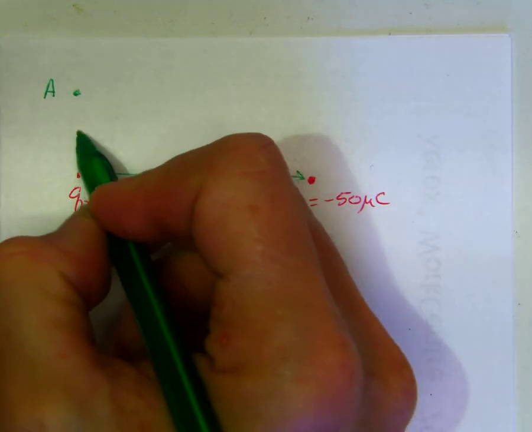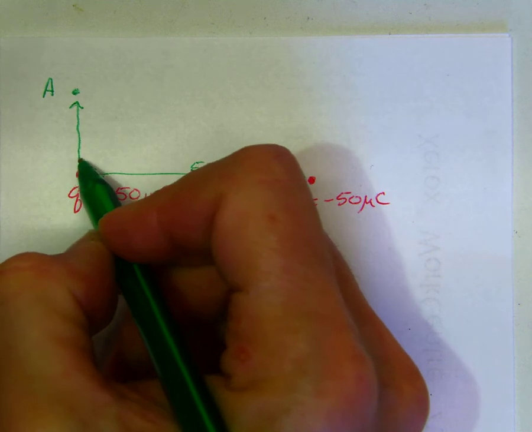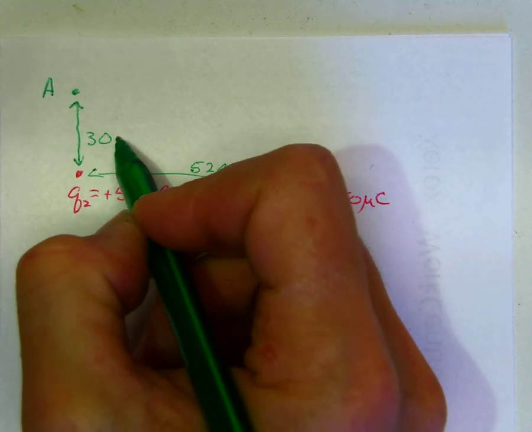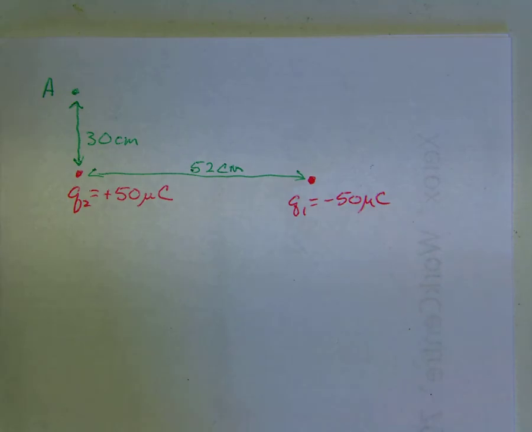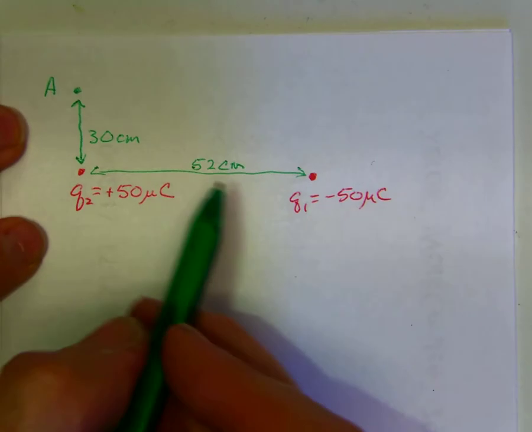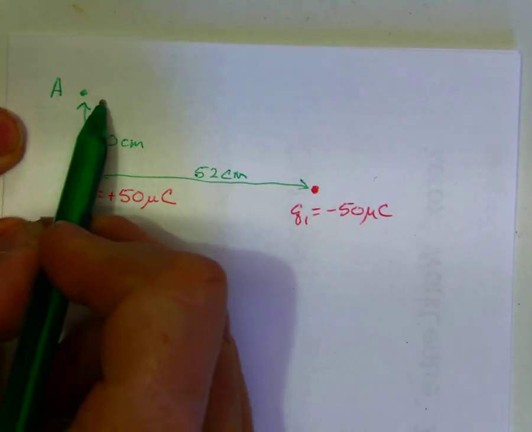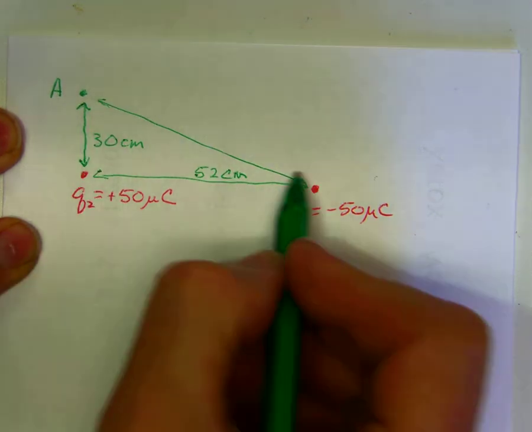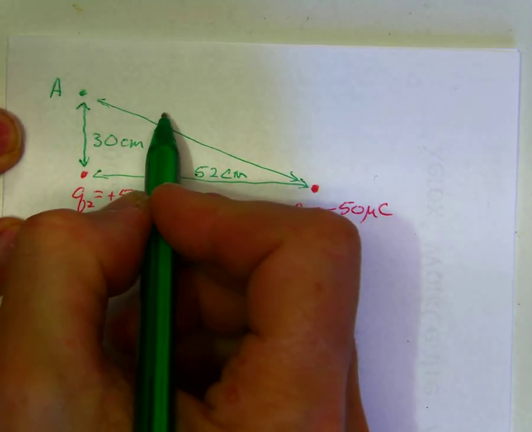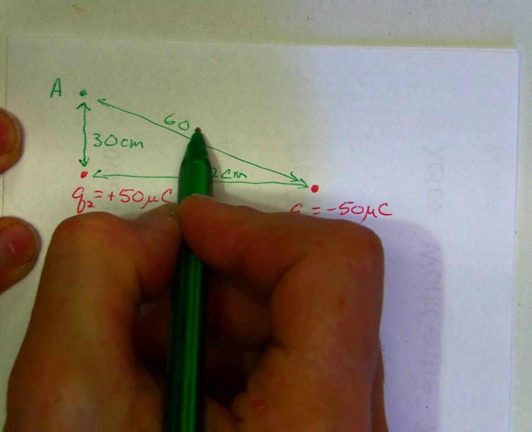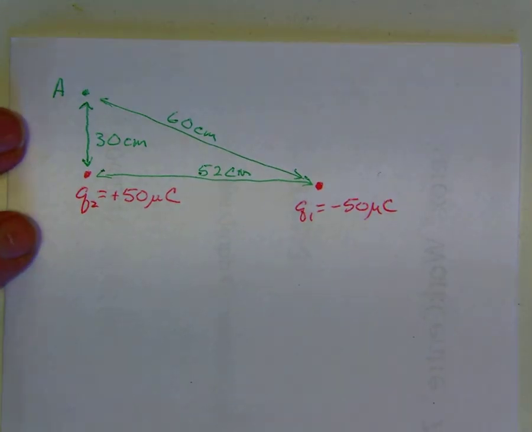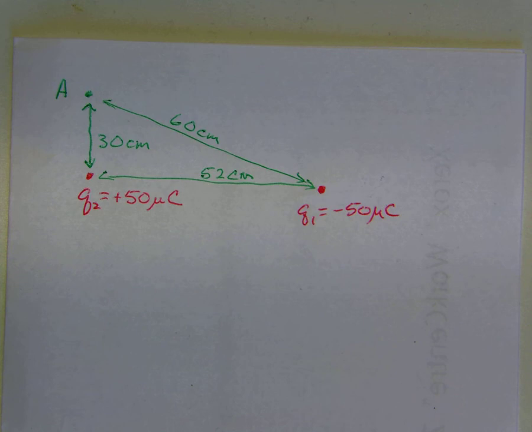Point A is 30 centimeters above Q2, which means it is 60 centimeters from Q1. If we did the Pythagorean theorem, we would get that.